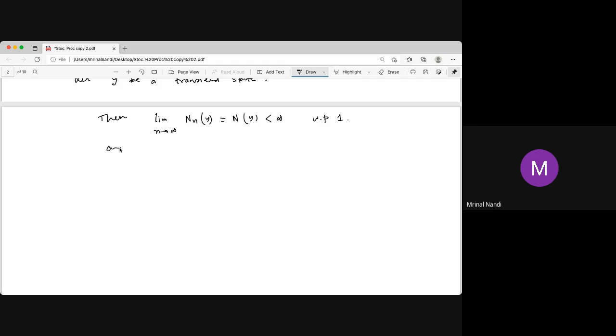And then what happens? The limit as n tends to infinity of G_n, which is the expected value of that quantity. So limit and expectation can be interchanged. That is the expectation of N(y), and this is G(x,y), which is finite.